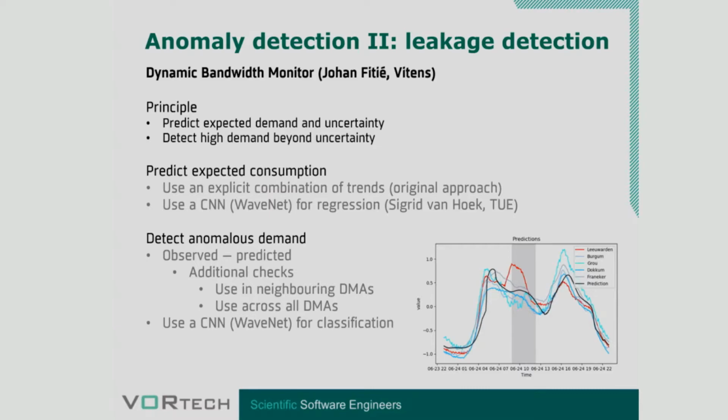So the principle of leakage detection is rather simple. You make a prediction of the expected demand and the uncertainty therein. And then if you have your actual demand measurement, you can see whether it matches the expected demand, and if not, then there could be a leakage. It's as simple as that, but of course there are a couple of issues there.